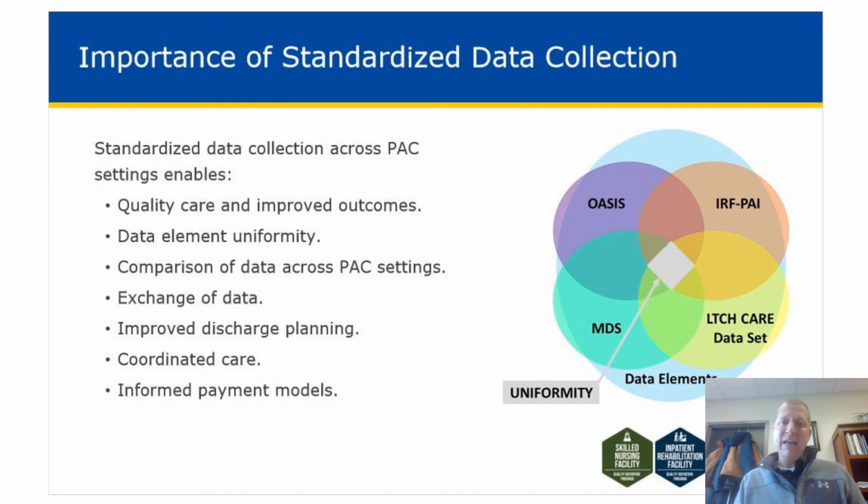Okay, and so if we're all collecting the same data and we're able to share the use of that data, this also helps us determine what would be the most appropriate outcome for our patient. Is the most appropriate outcome independence with upper extremity dressing or independence with toileting? And so if so, that would allow us to work on dressing in inpatient rehab, but at the time of discharge, maybe they're only at min assist.